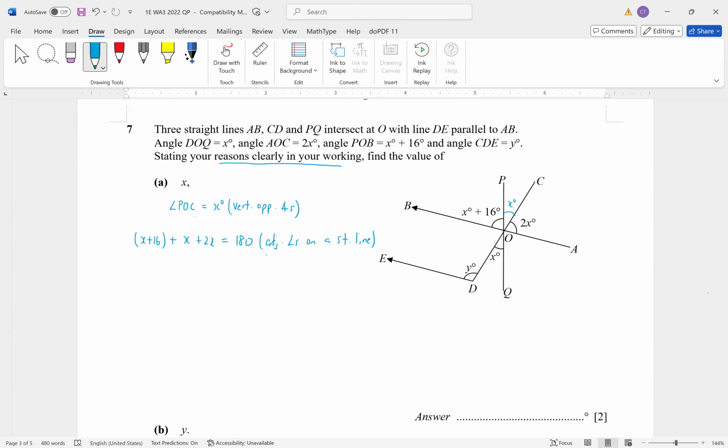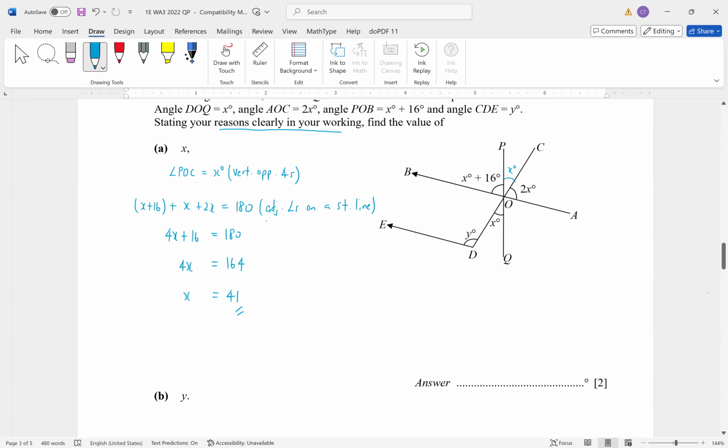If you do the simplification, you'll get 4X plus 16 equals 180. So 4X is equal to 164. So X will be 164 over 4, which gives you 41. Not too difficult of a question.